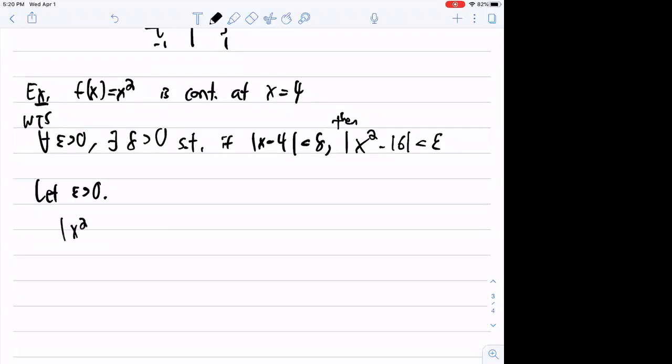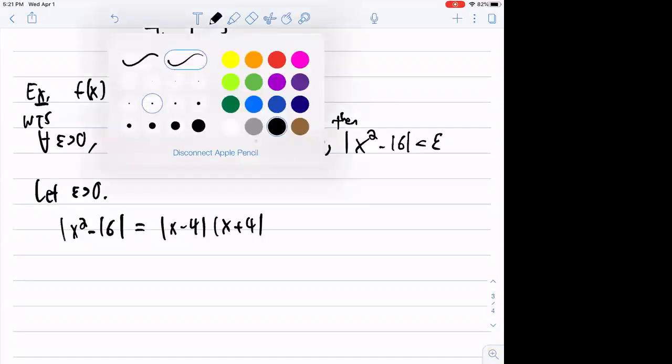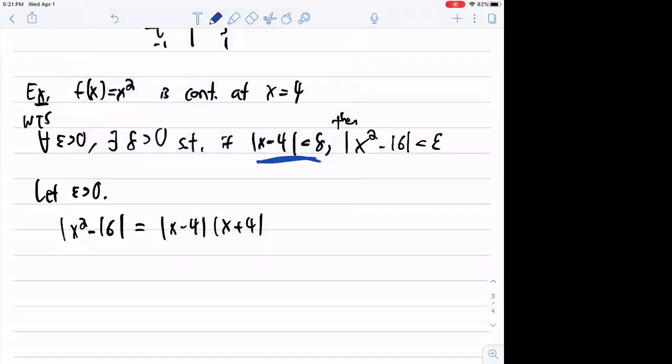There are many ways to do this, but x squared minus 16 is, I guess I'll write it this way, x minus 4 times x plus 4. So |x minus 4| we can make small, because right here we could choose our delta.